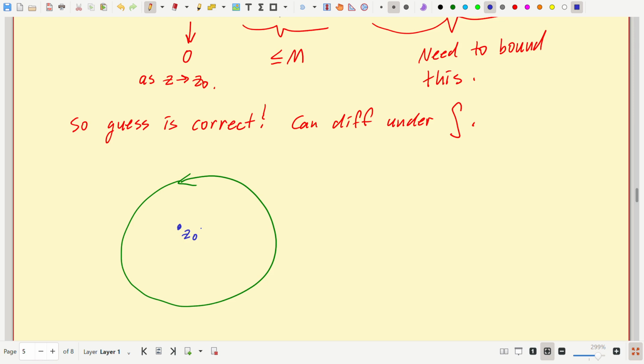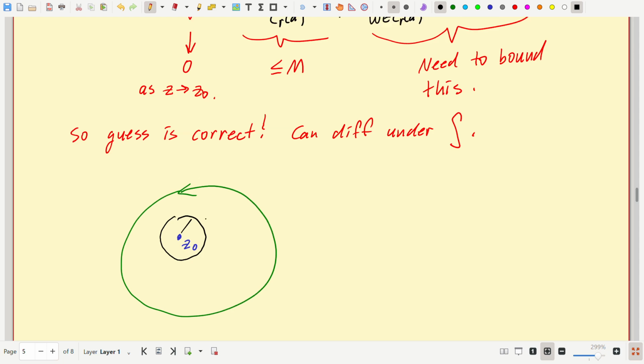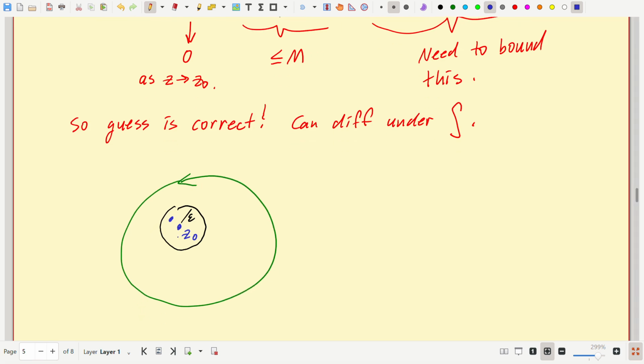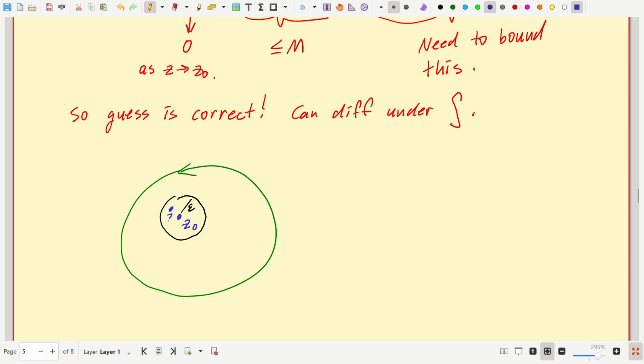I would draw a disk, a circle around my point, of some radius, so the picture looks like this. This is going to be a small disk, and my z is going to be in here. And my w, of course, is going around the outside.